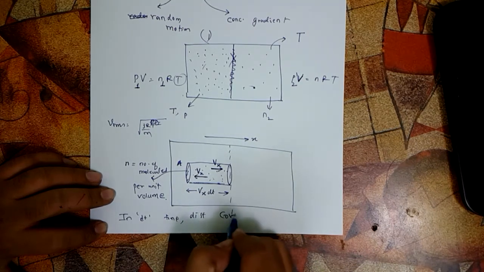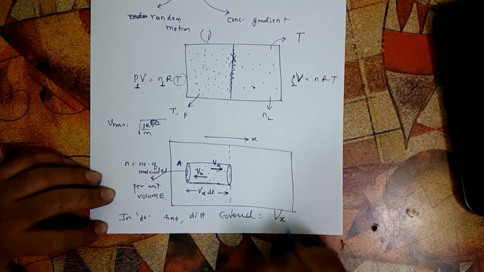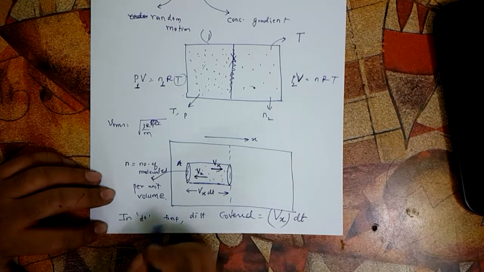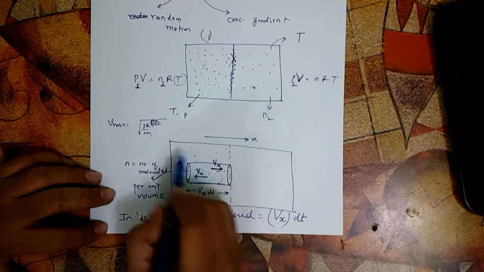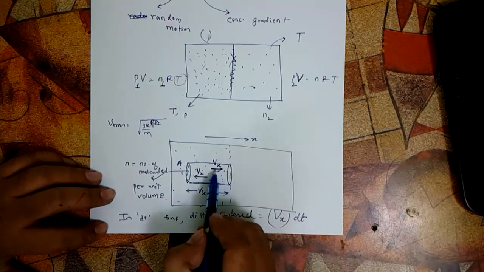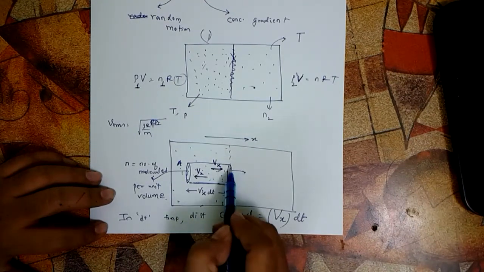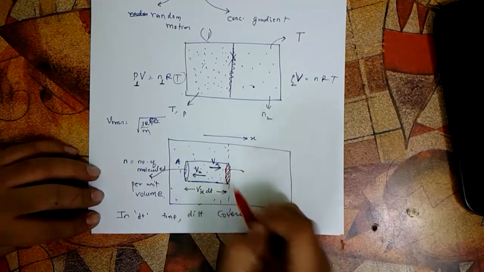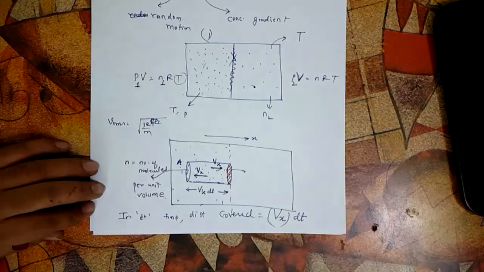Distance covered will be equal to their velocity into time. Now there are molecules all over here. We are interested in finding out how many molecules will be crossing this cross section, this one. Alright.